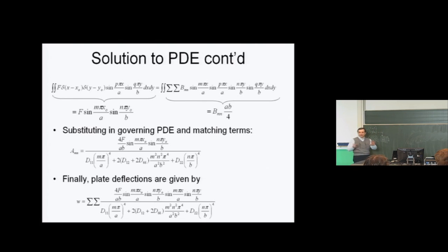When I do that, I will find that my A_mn terms, which is what I was looking for in the first place for the W expression, are given by this mess, as a result of which my W is given at the bottom of this page, and that's valid for any xy location and for any x0, y0 location where the point force is acting.